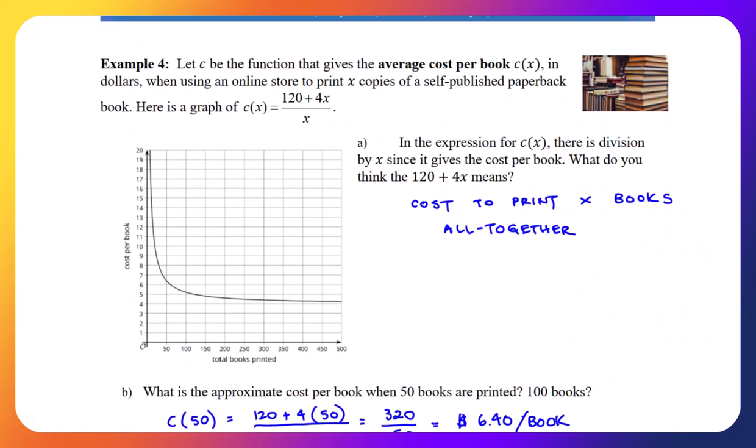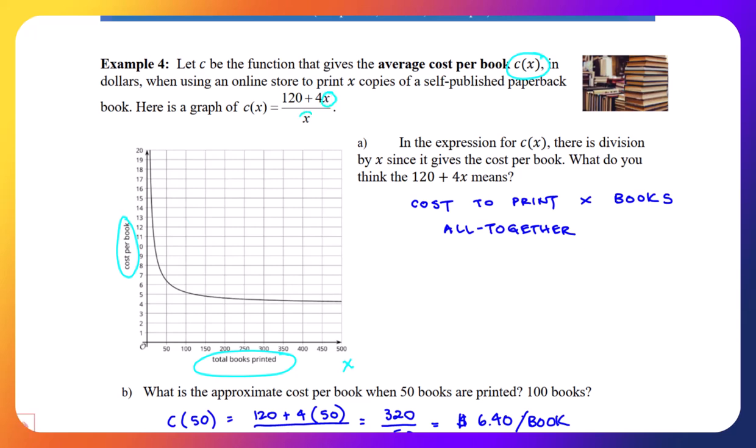Whenever we're given graphs and word problems, we have to understand what the variables represent. So c of x is the cost per book, and x here must be the total number of books printed, all the books.